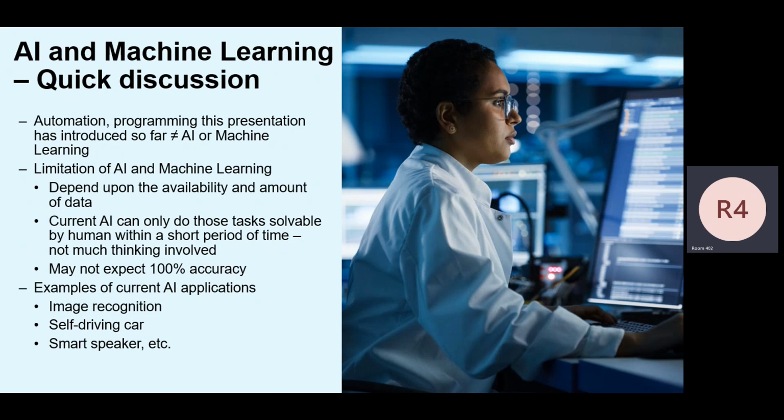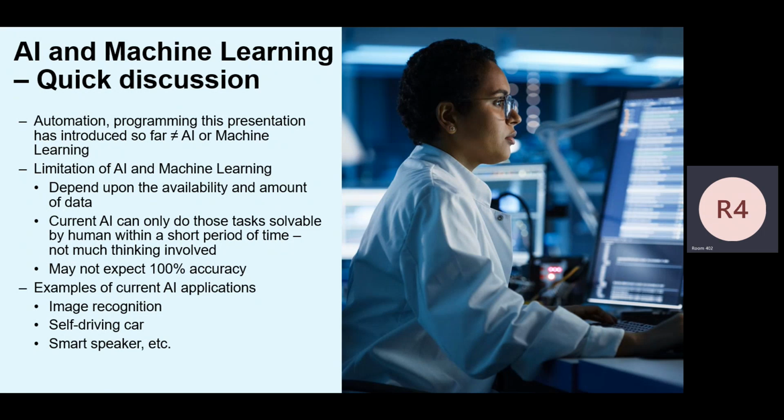Like if you can solve a problem, such as seeing whether a mug is cracked, and you can tell in one second, AI can probably do it. But more than that takes a lot more development, and they may not be 100% accurate. Maybe the computer sees some pattern on the mug and says this is a broken mug.